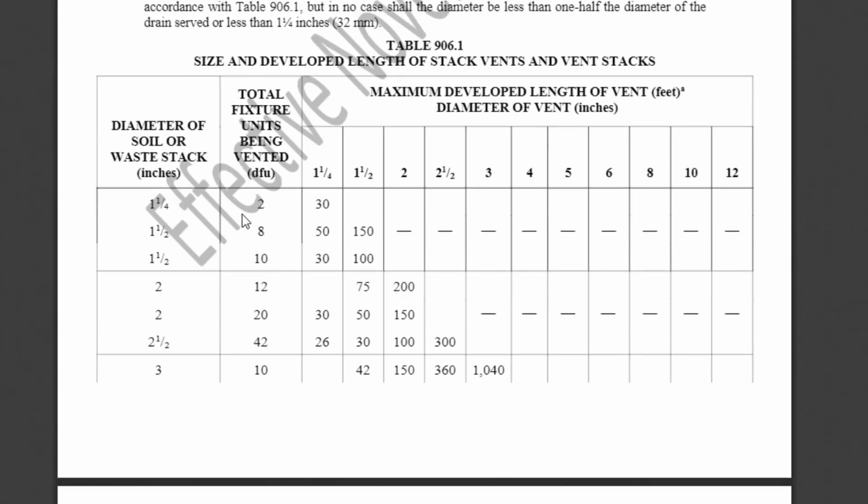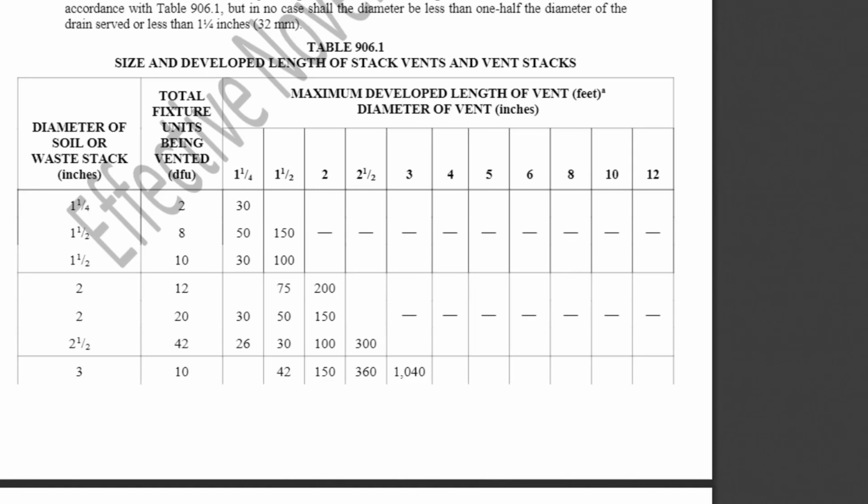So when you total that up, it basically gives you a maximum developed length of vent piping that is allowed based on the size of that vent here. So that's how you size vent piping. In this video, I'm not going to talk about the designing and sizing of the pipes. I just want to mention that they exist for now in this video.